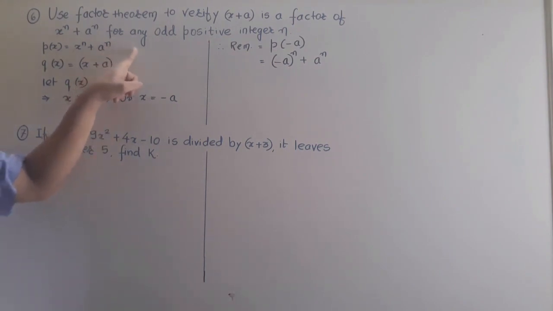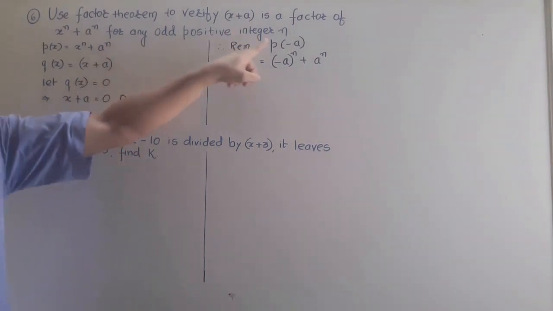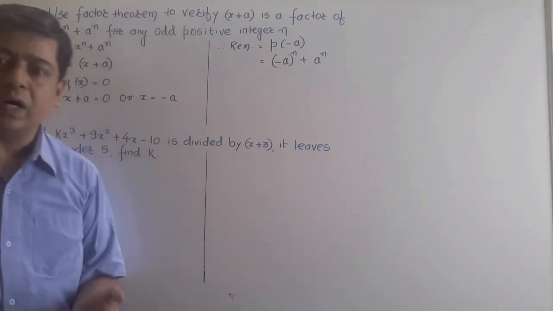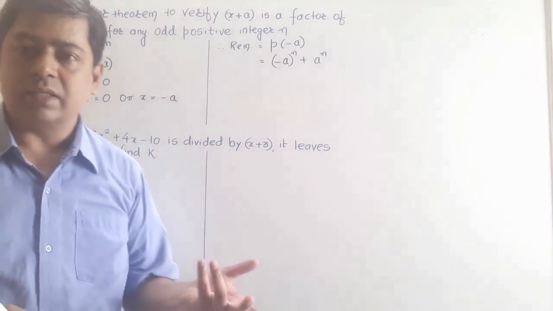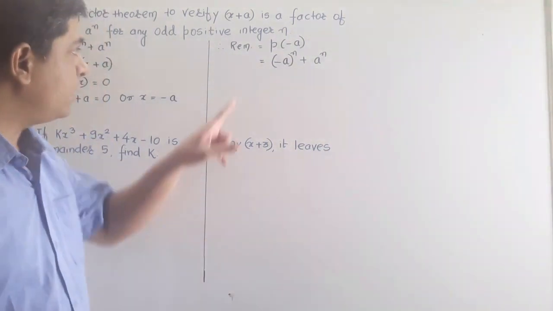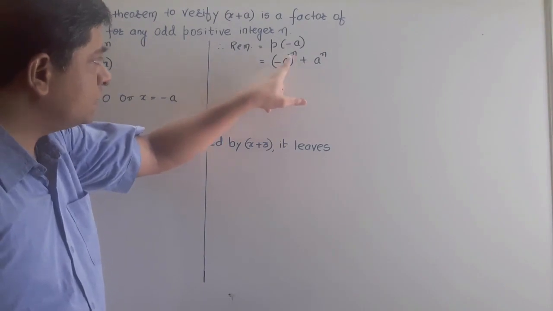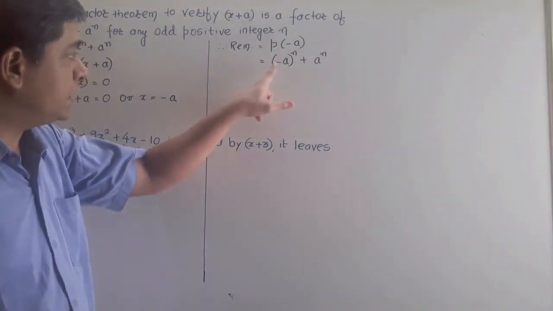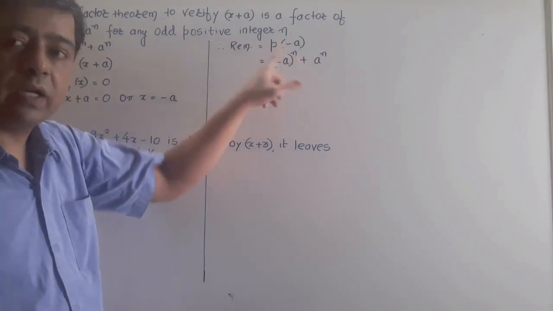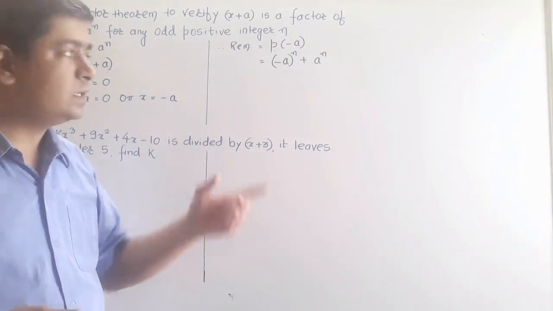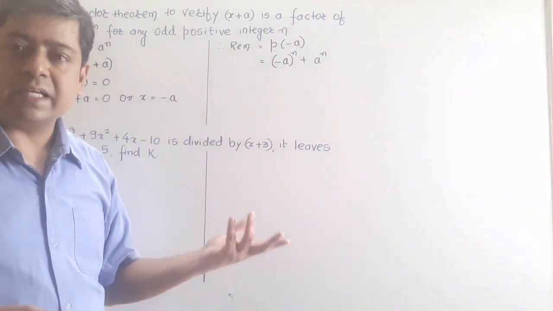Now read the question: for any odd positive integer n, means n is some odd value like 1, 3, 5. And you know that if the minus sign comes under an odd power, the minus sign remains as it is. If the minus sign comes under an even power, the minus sign gets eliminated.